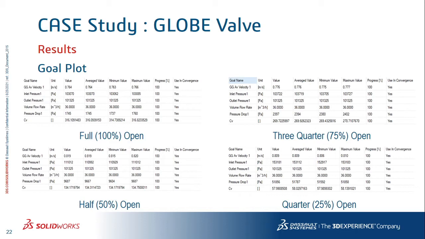And as I am closing the valve, the CV value is reducing. For 75% open, it is 269. For 50% open, I got 134, and for 25% open, I got 57, nearly 58. So a good comparative analysis can be done for different configurations of your valve.